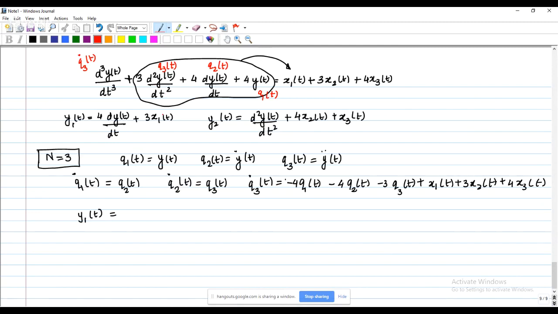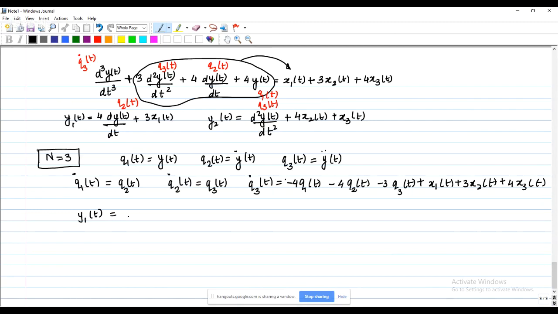Okay, so now here when I go, dy t by dt will be equal to q2t and x of t as it is. This is y double dot of t, which will be q3t, and x1 and x2 will be as it is. So let us consider that and write the equations.